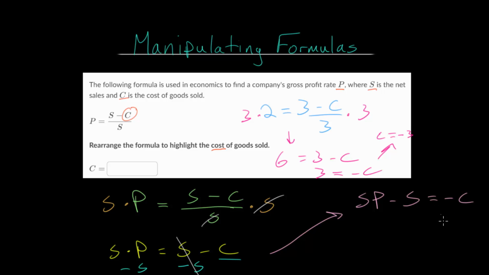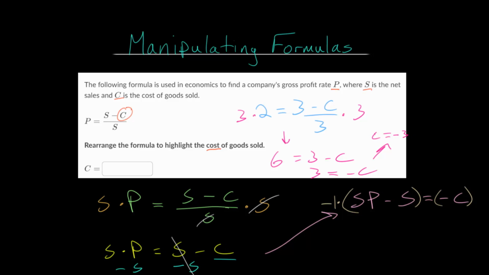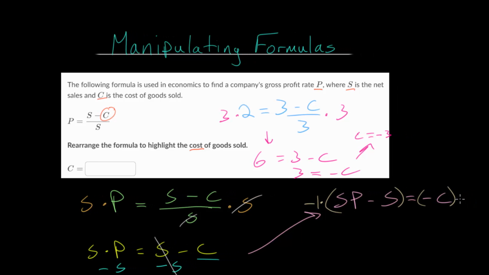To get rid of this negative, we can multiply each side of the equation by negative 1. If we do that, then negative C multiplied by negative 1 would be positive C, since negative times negative is positive, and 1 times C is just C. Over here, we could distribute the negative, or we can just leave the negative on the outside.